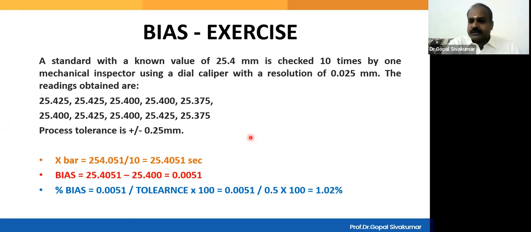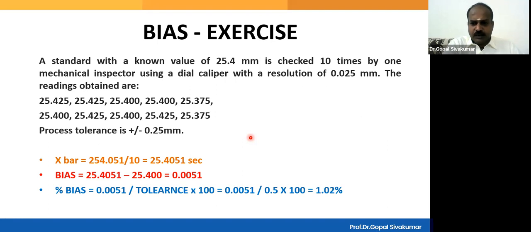So what is bias? Bias is nothing but the difference. Let us say you are measuring a characteristic. Let's say the characteristic is a dimension. The dimension is 100 mm, and you are asked to measure 100 mm. So you are actually measuring, and your reading says the dimension of the product is 102 mm.